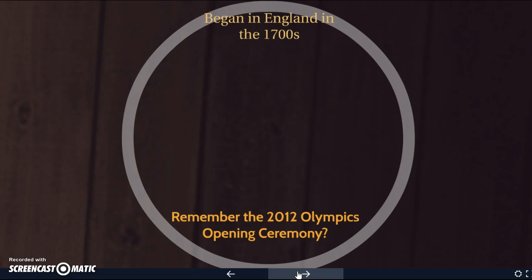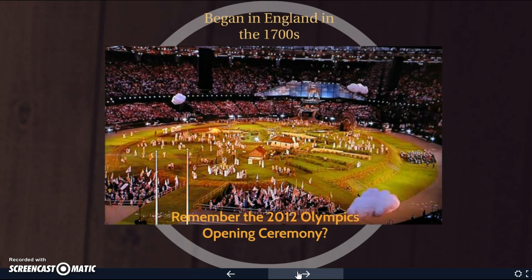If you watch the London 2012 Olympics, the opening ceremony was completely dedicated to the transformation that the Industrial Revolution had on society. You can see in this picture, which is in the arena during the opening ceremony, that everything is agriculture-based. It's a teeny village. Houses are spread out from each other.